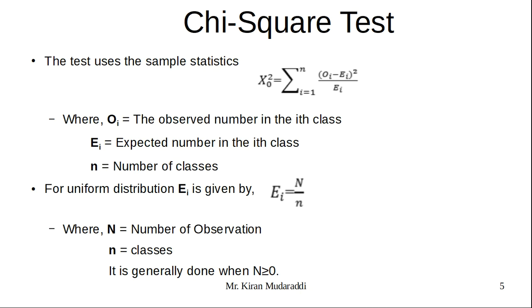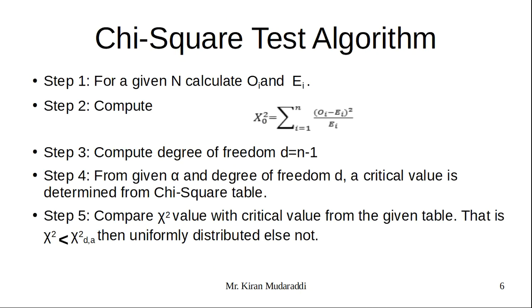First and foremost, we need to understand the algorithm to solve a problem. The chi-square test algorithm constitutes 5 steps. Step 1: for a given N, the number of observations, we need to calculate OI, the observed number, and EI, the expected number.